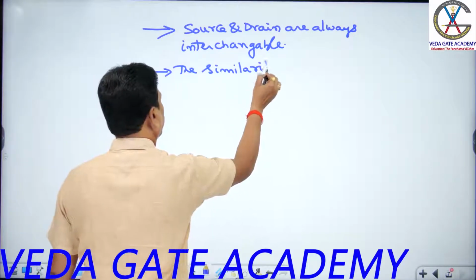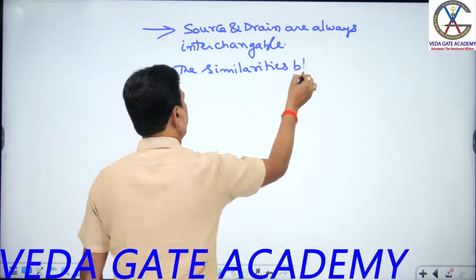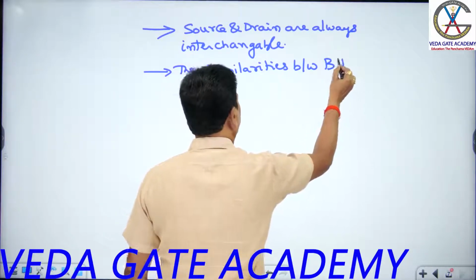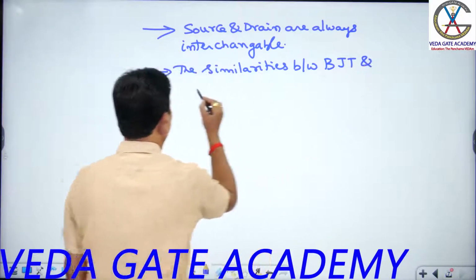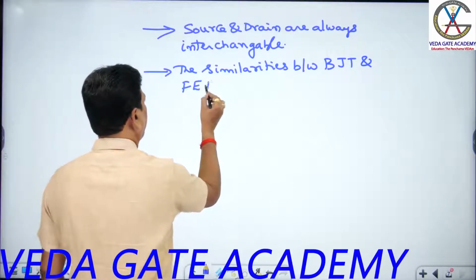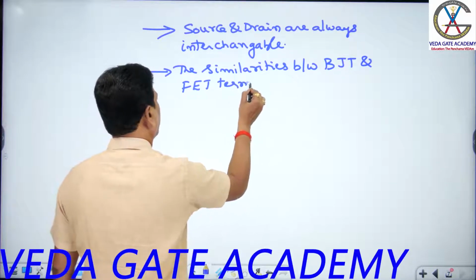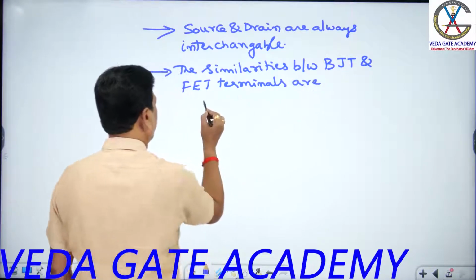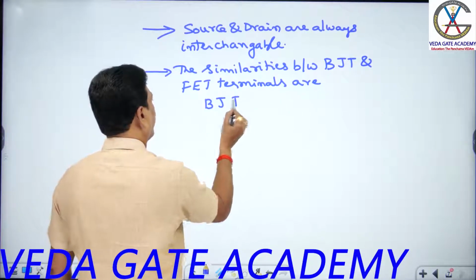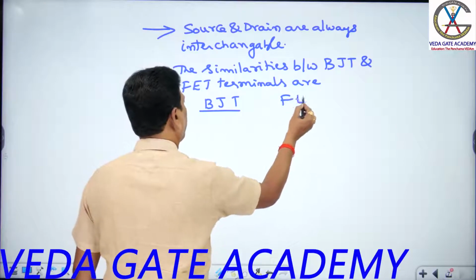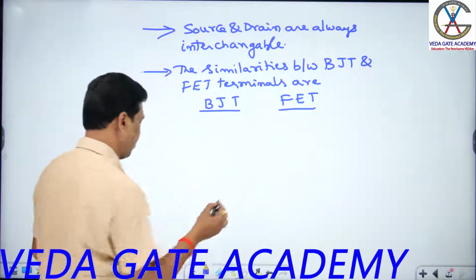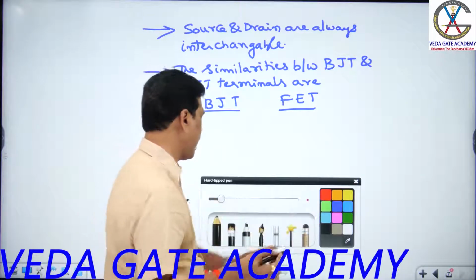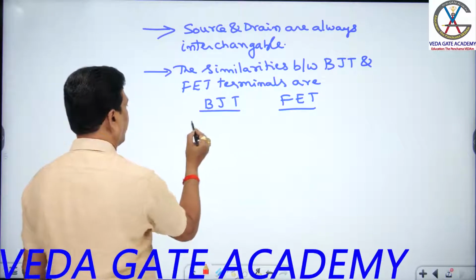The similarities between BJT and FET terminals are like this, I told that. So BJT, FET, students. In BJT, the function of emitter should be the same as the source of a FET, you can call.